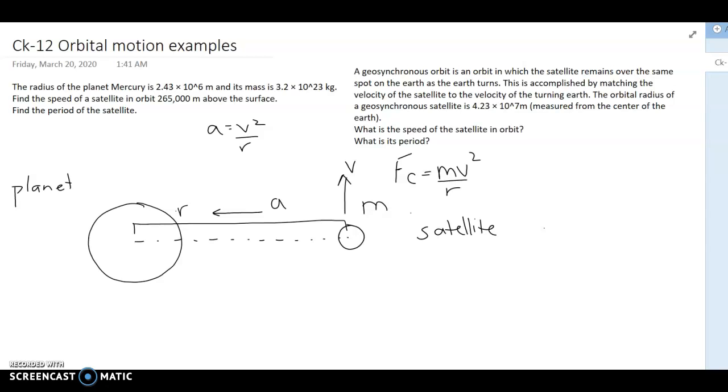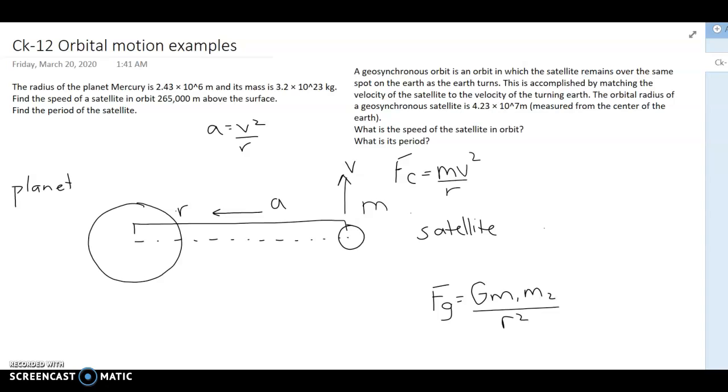The other equation we just got introduced to is the force of gravity, which is equal to the gravitational constant times m1 times m2 over r squared. In CK12, they call the r squared d for distance.